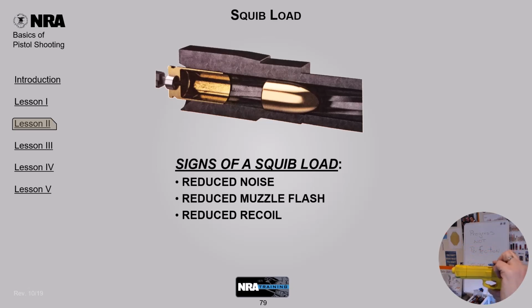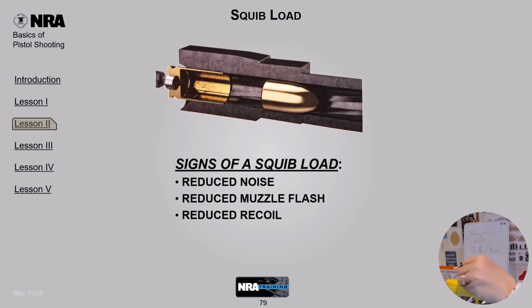But what has happened is you have a bullet and it's stuck somewhere before it leaves the gun. So it left the cartridge, but it didn't leave the gun. It's an obstruction in your bore. For those of you who are well cultured, remember when Bugs Bunny would put his carrot in the top of Elmer Fudd's shotgun, and Elmer Fudd would pull the trigger and the whole shotgun would fall apart?